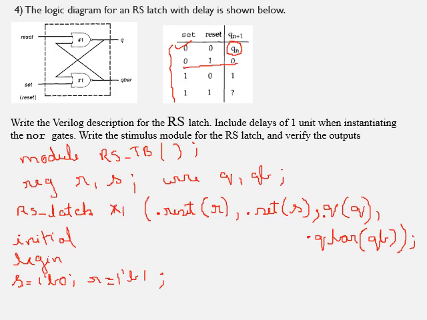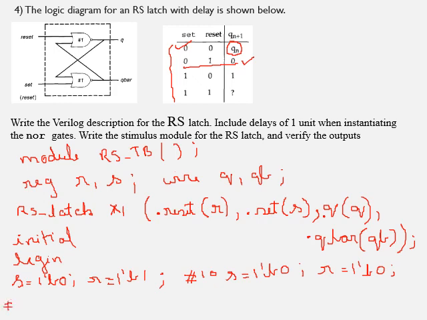Now I write it here only due to lack of space. After a delay of set time units, now I will make S equal to 0 and R equal to 0. Now the output should be same as previous, means whatever the output previously it would have set to 0, that only should be retained.